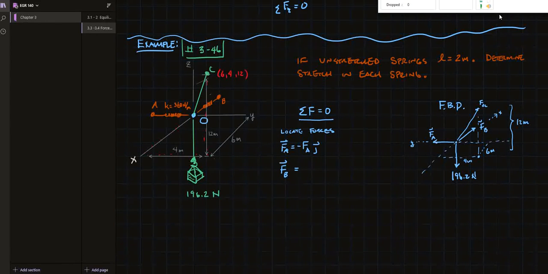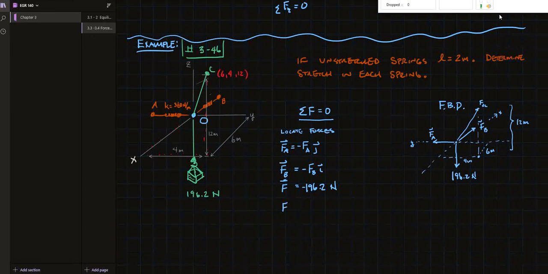We have a force in the B direction, force component B, in the negative i direction. And then we have this force, equal to 196.2 newtons, and that's going to be negative also. A lot of negatives here.